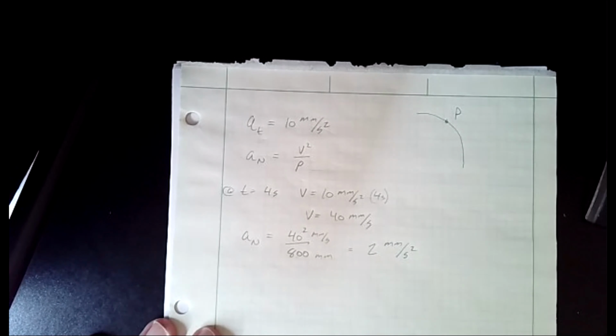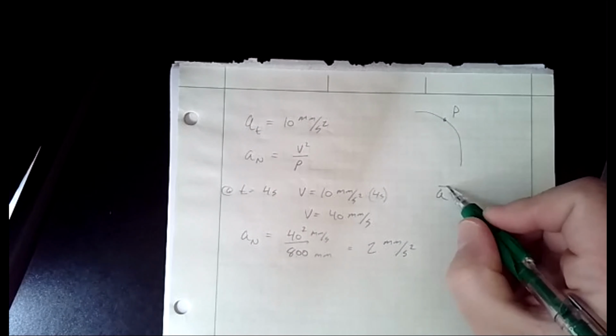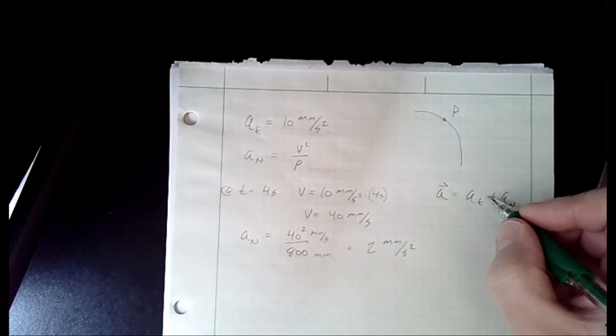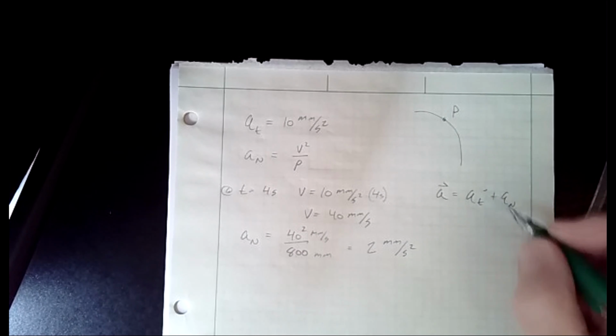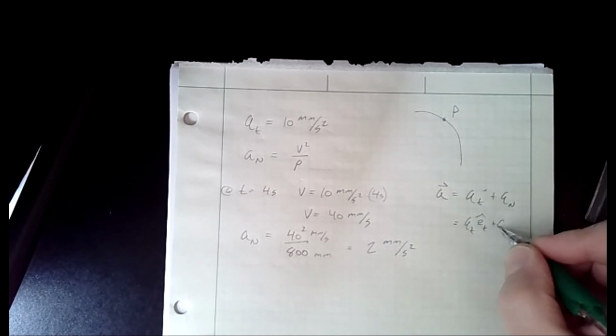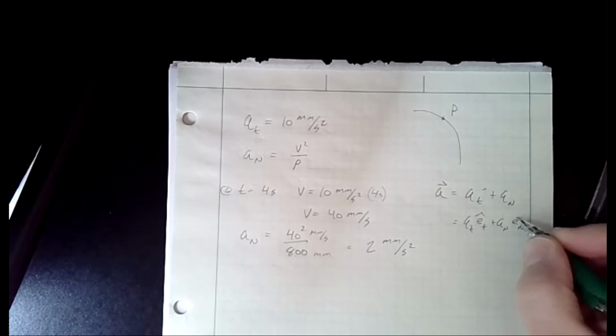All right. Now we're asked to find the acceleration. Whenever you're dealing with this, you want to recognize that acceleration has two components. The acceleration is a vector, equal to the tangential acceleration plus the normal acceleration, each with its unit vector. So if we rewrite it, it's a tangential times e tangential plus a normal times the normal vector.